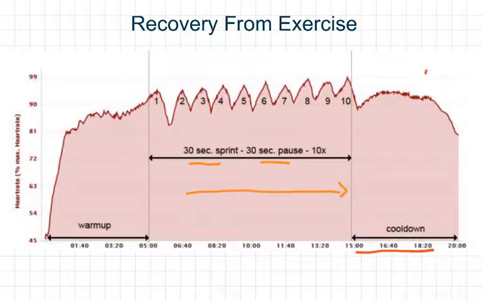And so if we look right here roughly at the 19-minute mark is when they stop cycling. Heart rate stays elevated for a fairly long time and doesn't drop off and reach close to resting levels until almost 1 to 2 minutes after exercise.